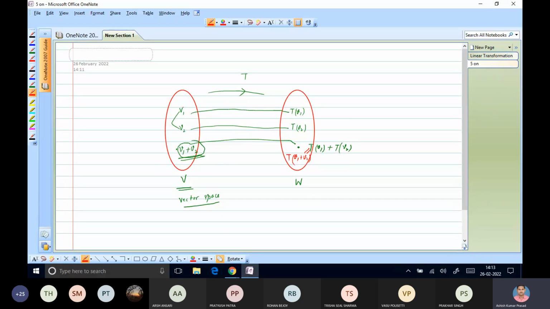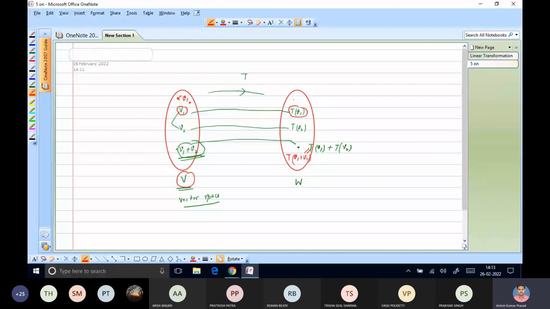Similarly, because V is a vector space and it is closed with respect to scalar multiplication, alpha V1 will be an element of V. And here you can see TV1 is in W and W is a vector space.